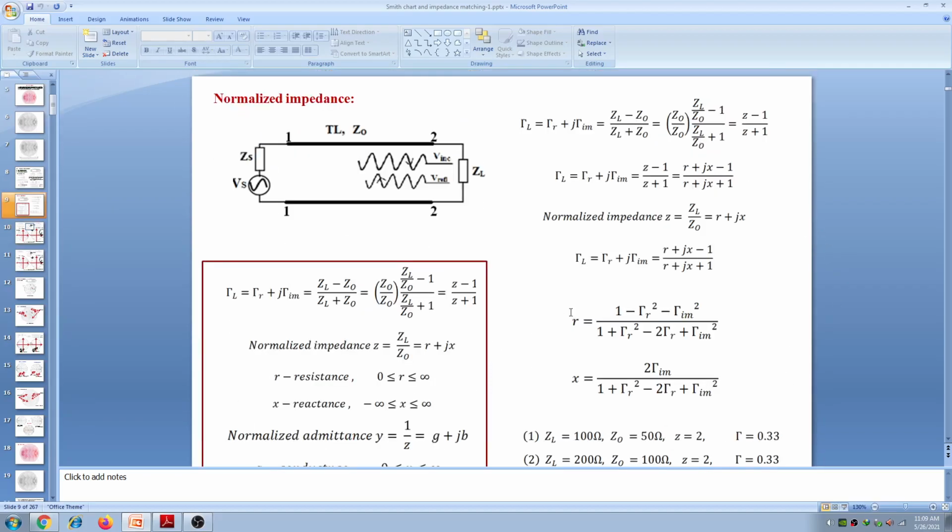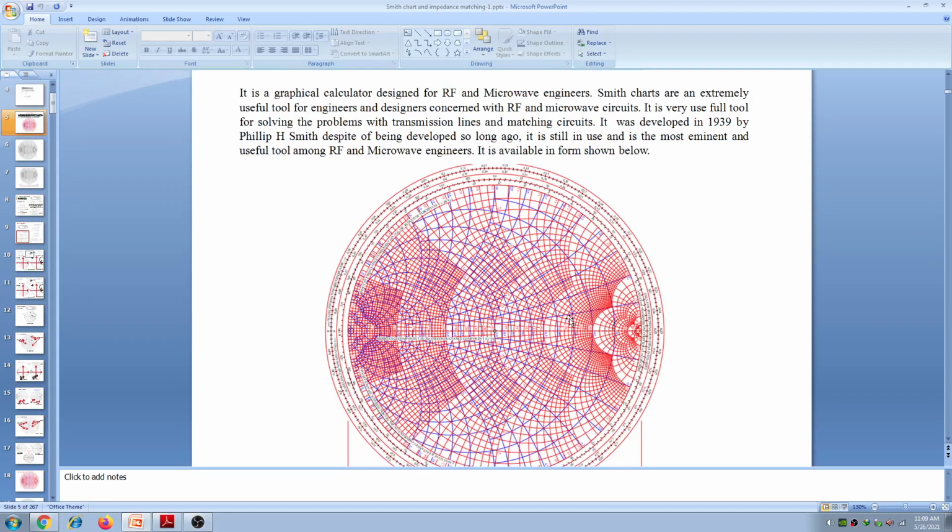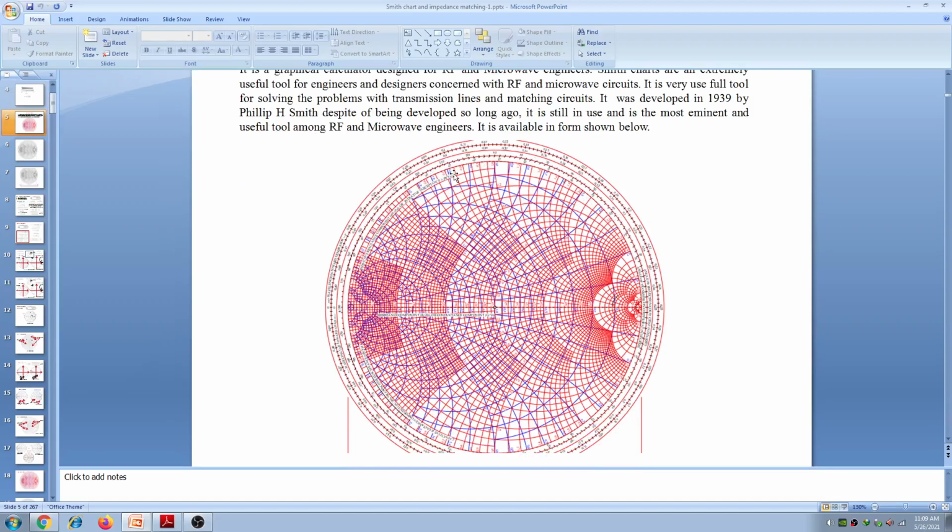The last circle you see here is our R equal to 0 circle. Behind that we are not showing anything.